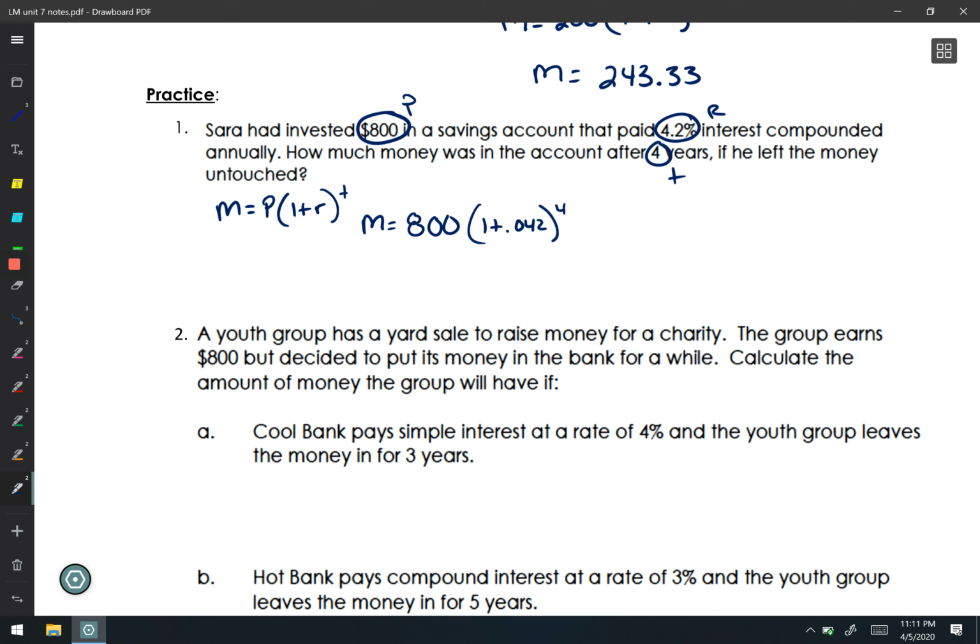Put that in our calculator, you get 943.11. M equals 943.11. The maturity value, the total amount that needs to be repaid.